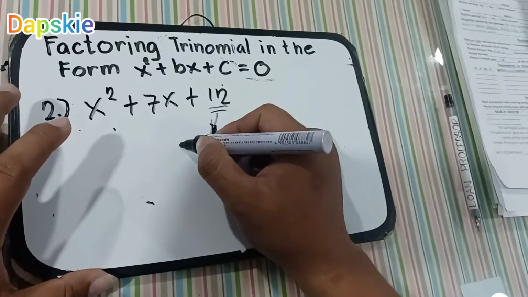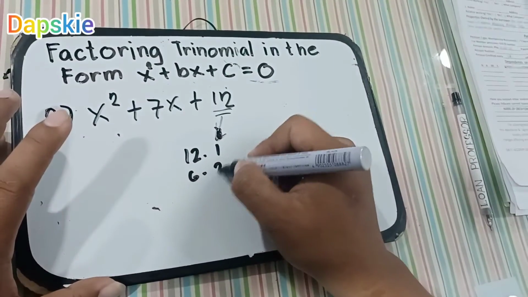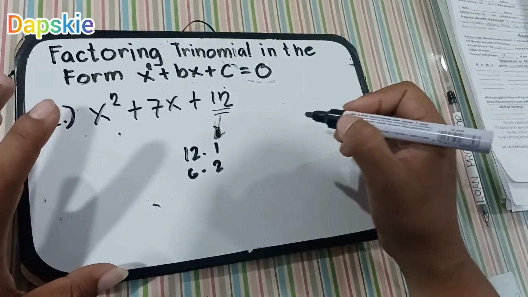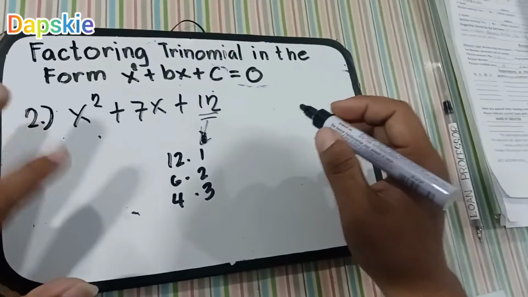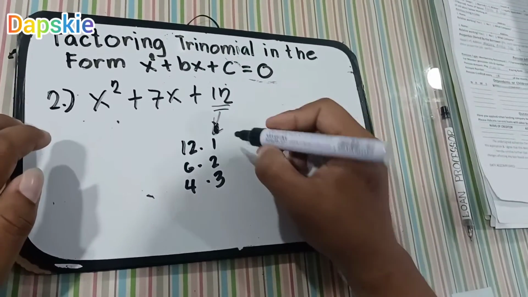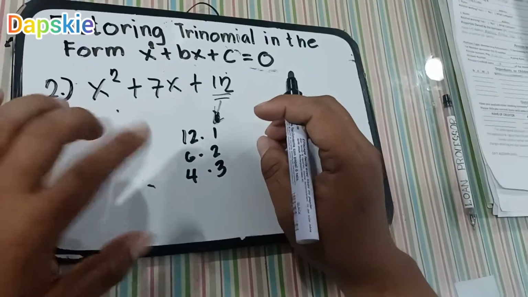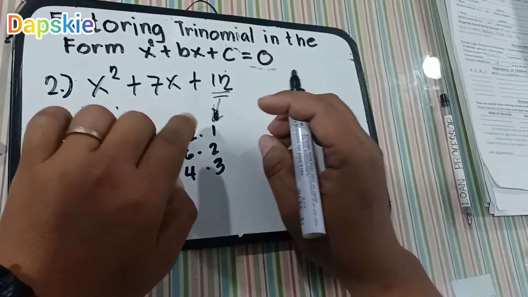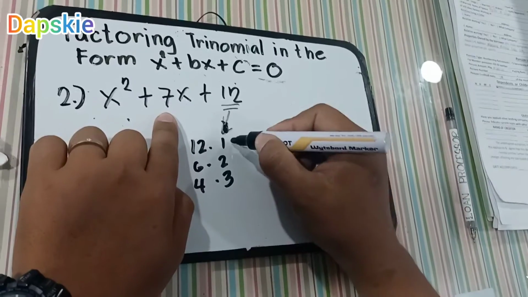It could be 12 times 1, or 6 times 2, or 4 times 3, or 1 times 12, 2 times 6, or 3 times 4. Now we add the factors and look for the result 7.